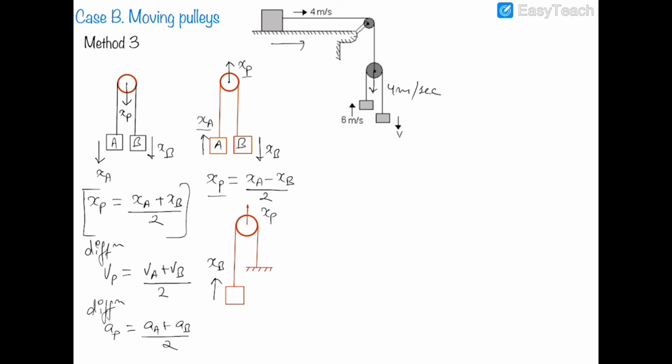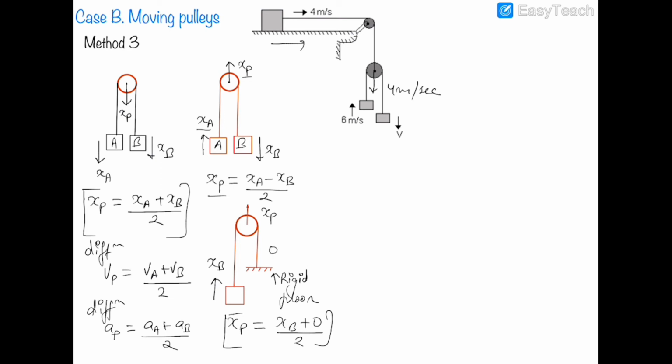As we can see, this is a rigid wall, rigid floor, so it will not move. So by writing the average equation, we can say that xp is equal to (xb plus 0) by 2. Okay, 0 represents the fact that it is not moving.